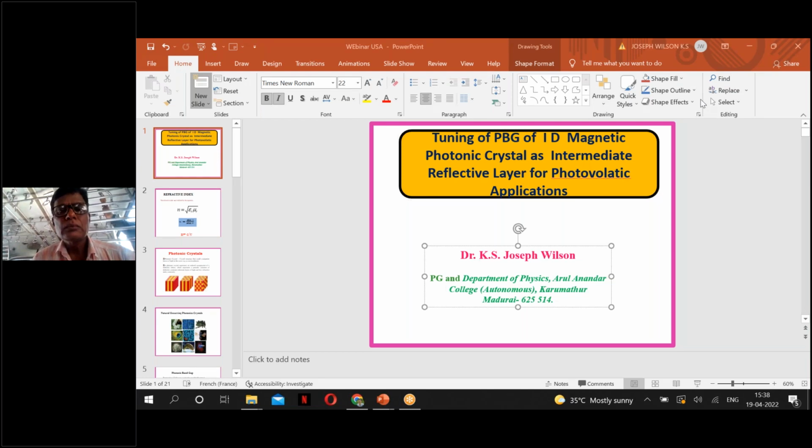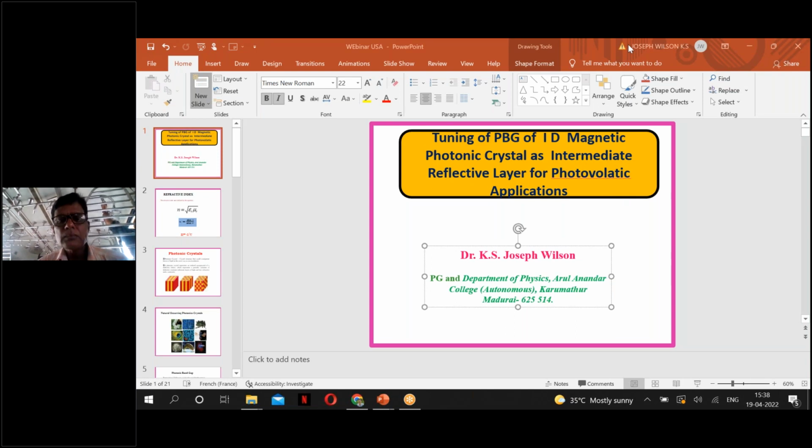Slideshow. Go to slide. In the upper toolbar, you have a slideshow option.